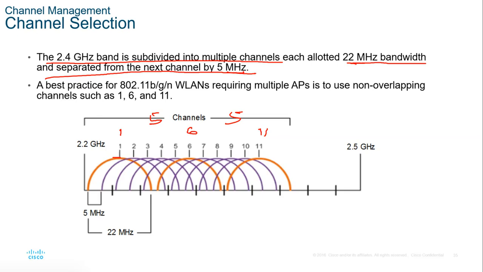So the best practice for standard b/g/n wireless that requires multiple APs is to use non-overlapping channels, which are 1, 6, and then 11, as you can see here. So each channel here has 22 megahertz.